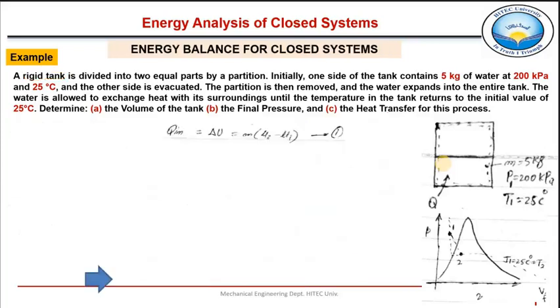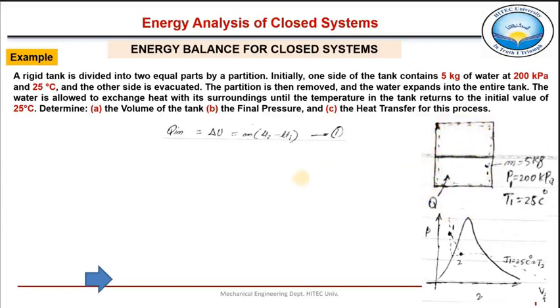So we can find this out with the help of the energy equation, because this is a closed system. If this is our system, here is the system boundary. The walls of that cylinder is the system.